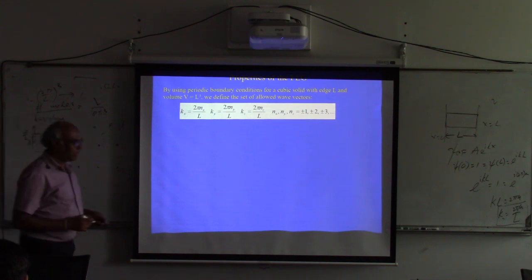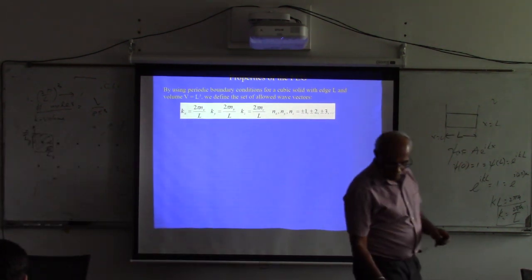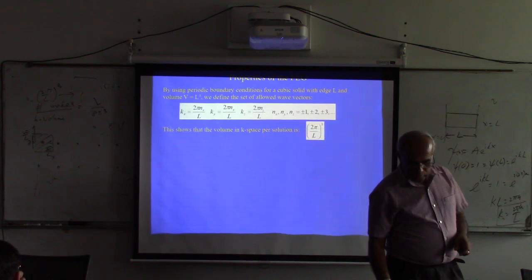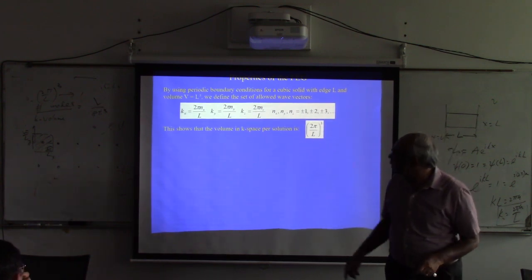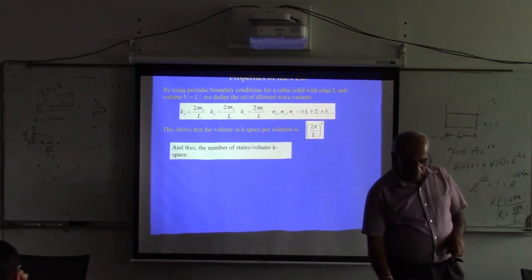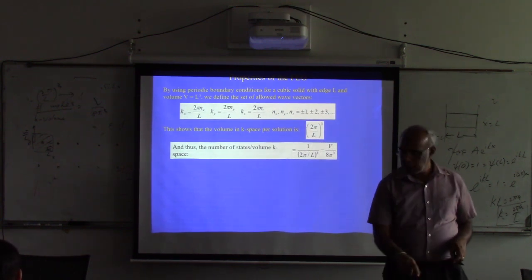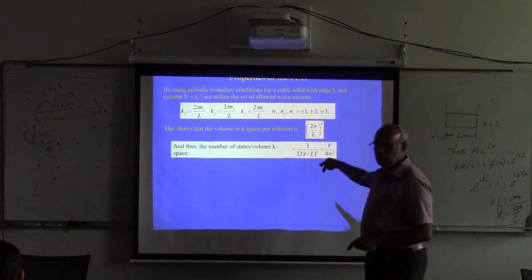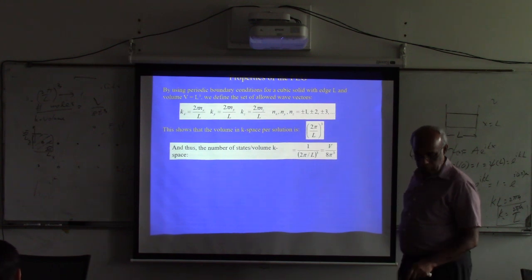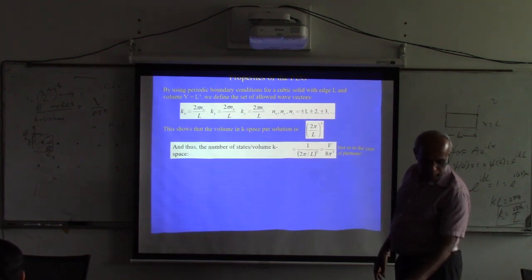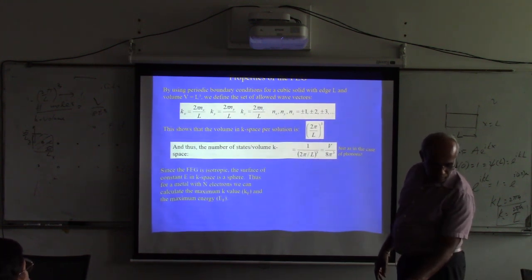It's (2π over L) cubed, that's the volume, right? So the number of modes per unit k volume is V over 8π cubed. Is that clear for everybody? Just as in the case of phonons.